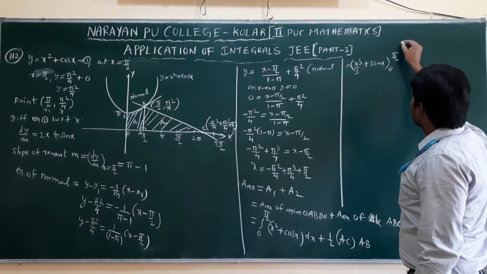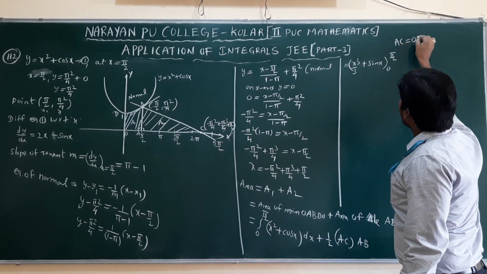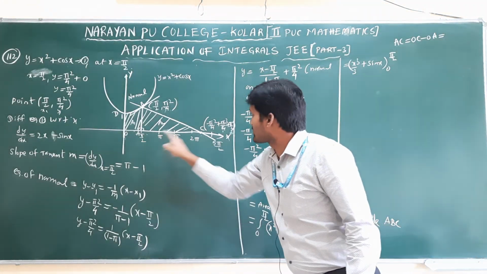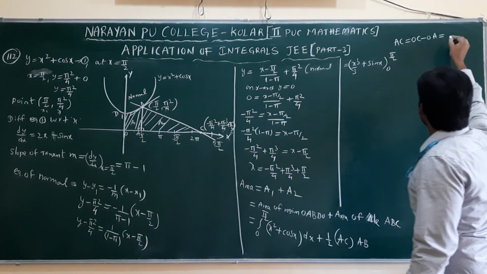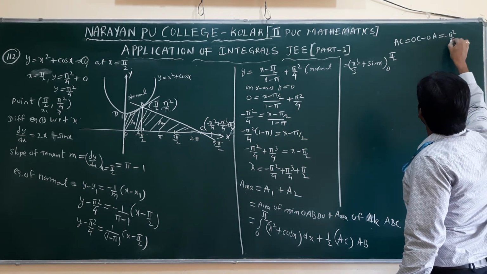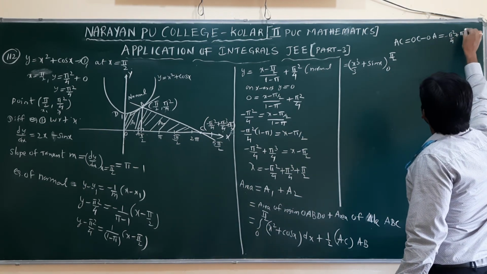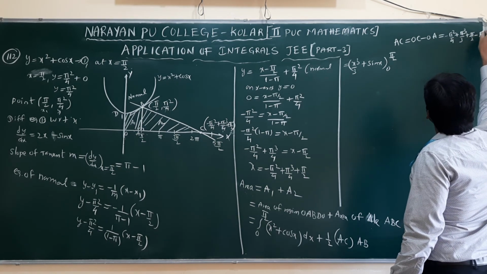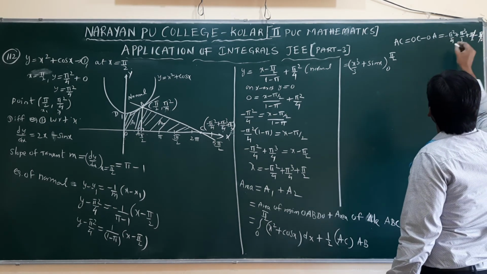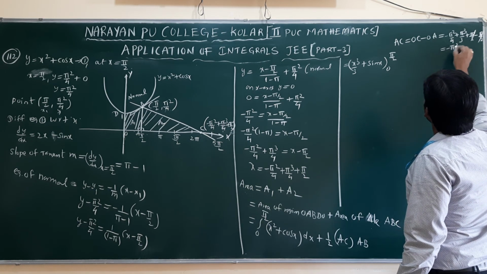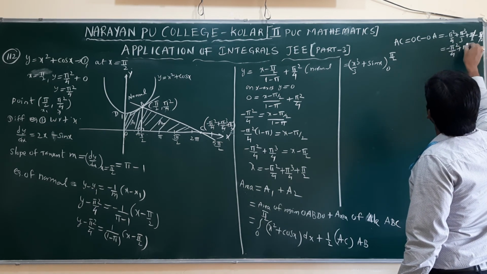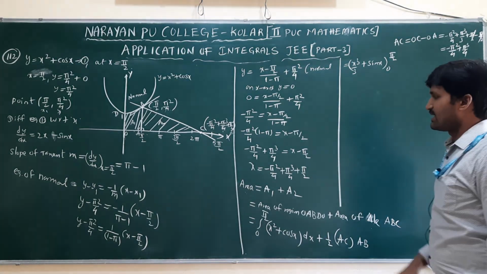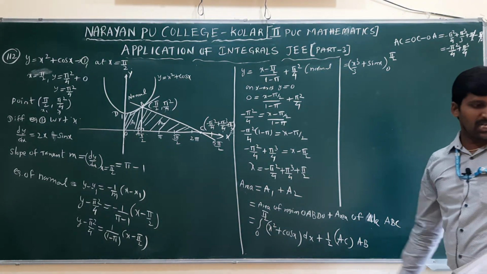I will find the AC value. AC means OC minus OA. The OC length we already know from O to C, the x value: minus pi square by 4 plus pi cube by 4 plus pi by 2. OA length is pi by 2. Now pi by 2 cancels. We will get minus pi square by 4 plus pi cube by 4 as the AC length. AB is pi square by 4, already we know.